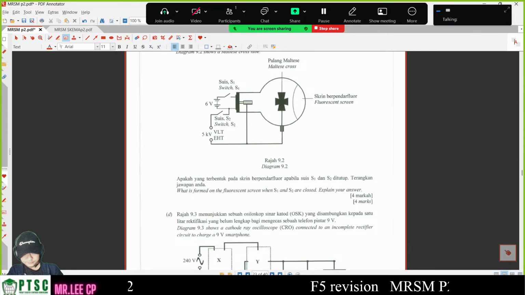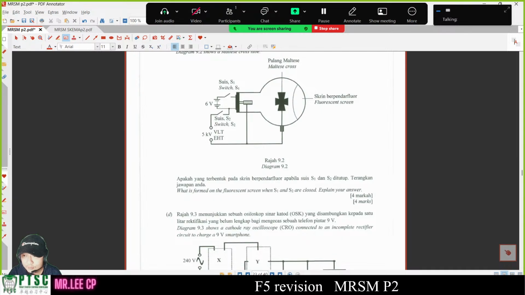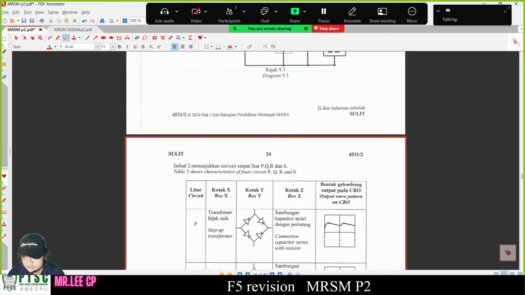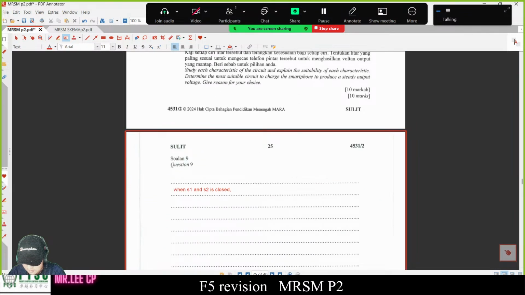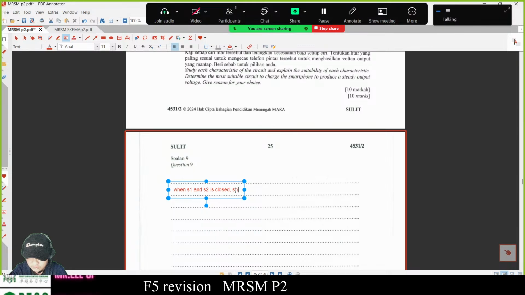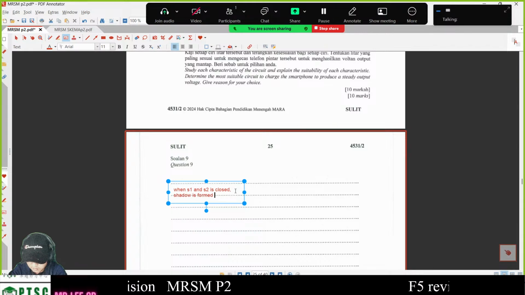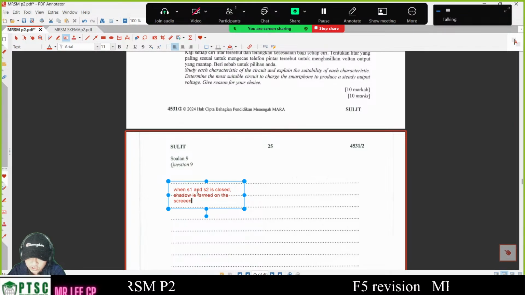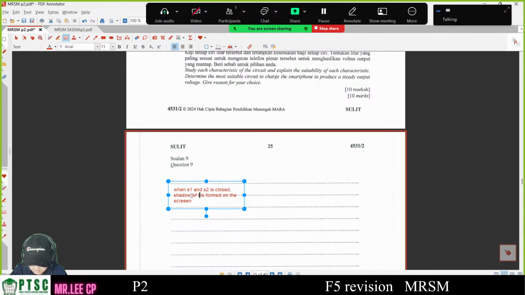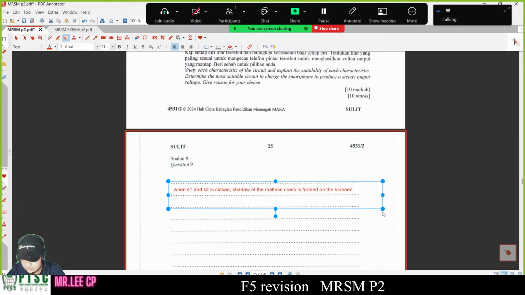Now a black shadow is formed on the screen, a black shadow of the Maltese cross. Shadow of the Maltese cross is formed on the screen.